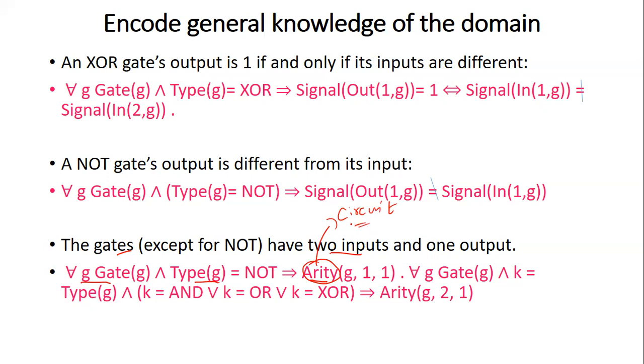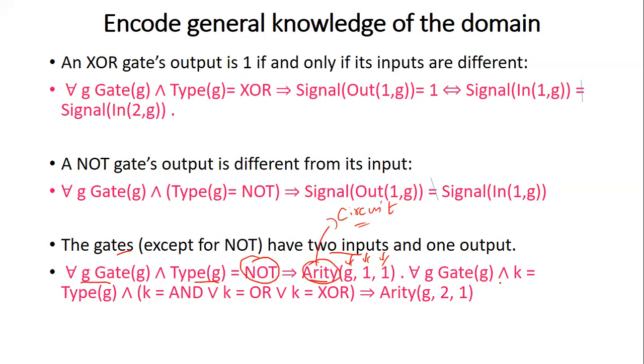So it means that if it is a NOT gate, then that part of the circuit contains a gate with 1 input and 1 output. So the circuit contains 1 input and 1 output, right?